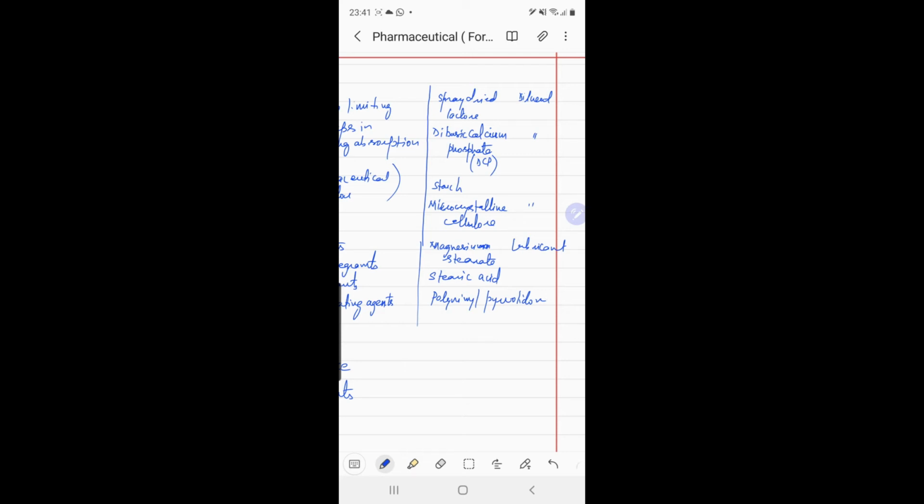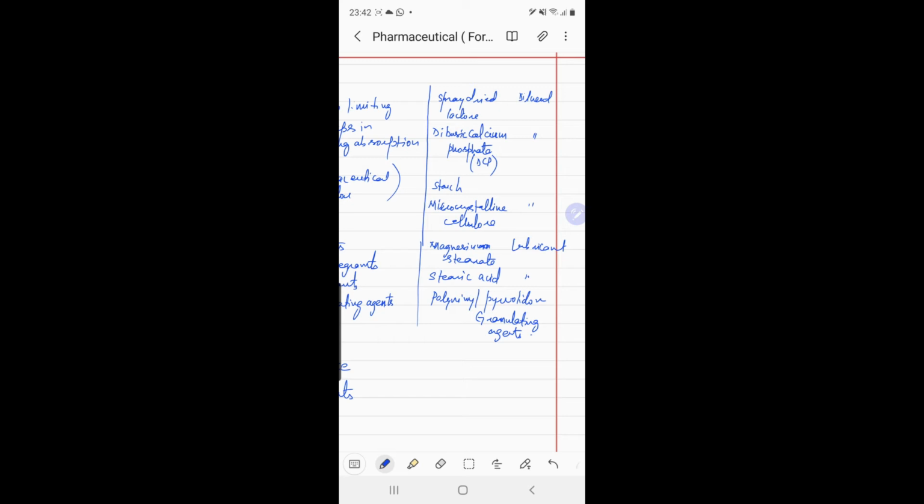Mostly the granulating agents act as a binder, and if the concentration of this binding agent is increased, then the binding effect may be quite high for the drug product, and this may also retard its dissolution, and then the drug is freed from the drug product or the particles.